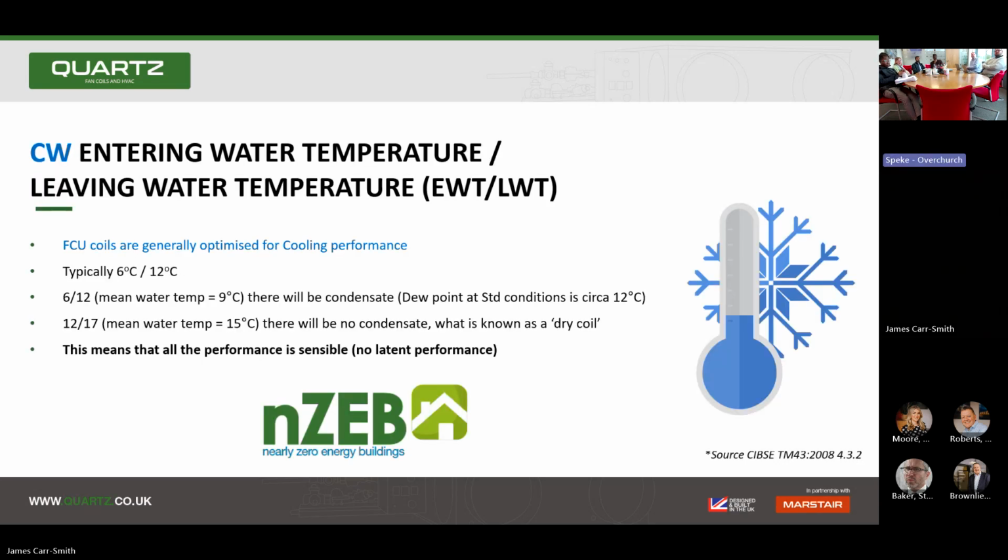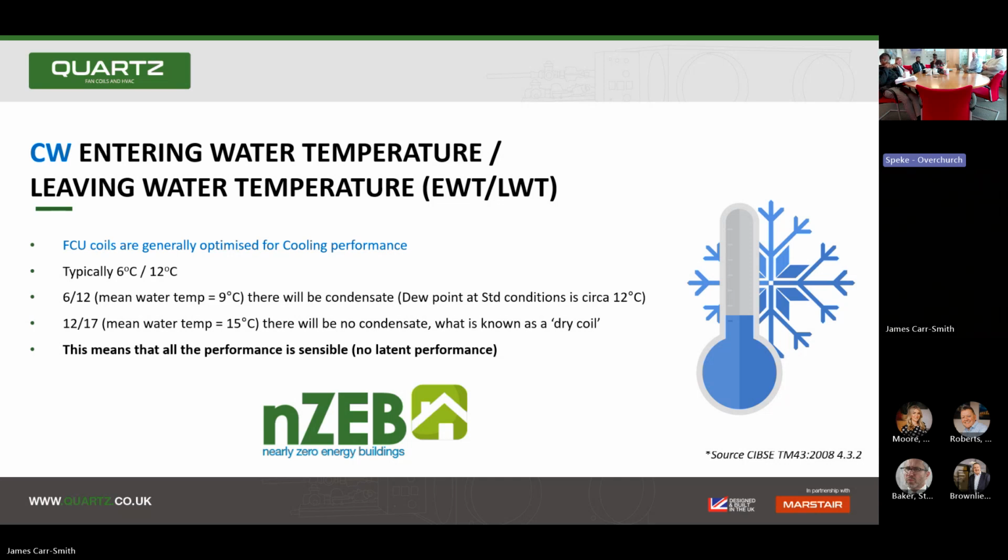Chill water temperature. So typically 6 and 12 was always the temperature that was used from a chiller, and then there was this shift to sort of move towards the 10 and 16 and 8 and 14s, which is great. It was more efficient for the chiller. It did mean that the performance of fan coils was slightly reduced because you just can't get the performance at the higher temperatures that you could at the low.